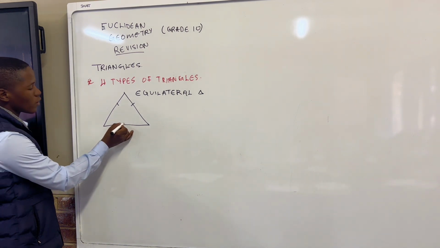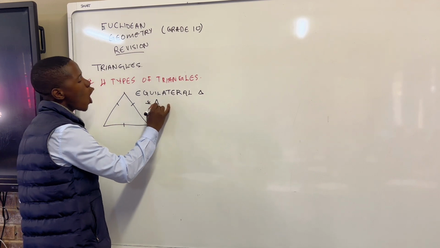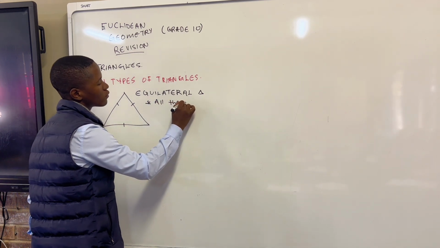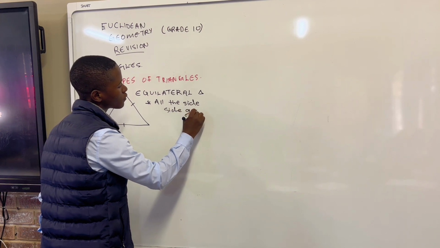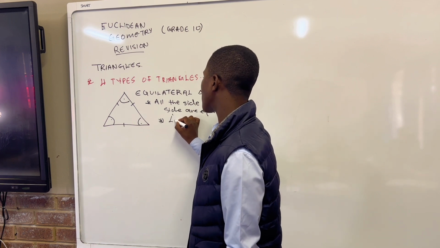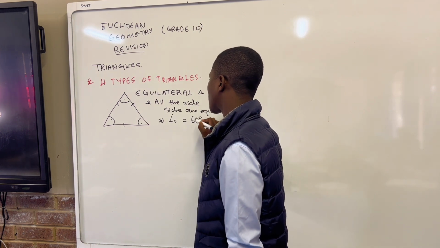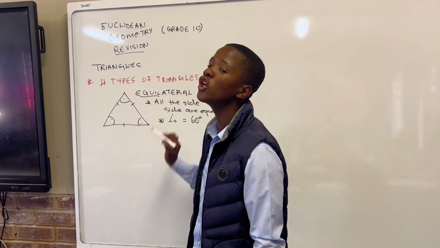From our equilateral triangle, we know that firstly, the first characteristic is that all the sides are equal. The angles are equal to 60 degrees. Remember, the word equilateral is deduced from equal, right?